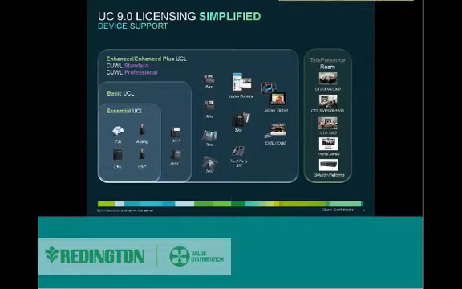And the rest are all covered under enhanced or enhanced plus UCL licenses or workspace licenses. Any 79XX models, 89 series, 8900 series or 9900 series IP phones fall under enhanced or enhanced plus UCL, or when you buy a workspace license, by default these higher-end model IP phones will be covered under those licenses.